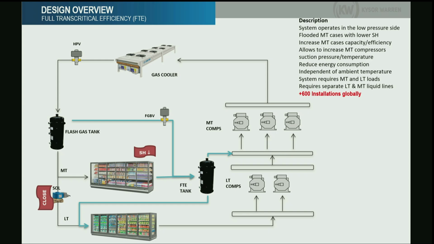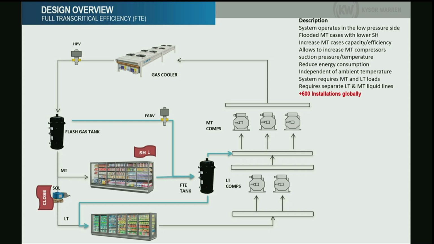But probably you notice that we have this solenoid on the liquid line feeding the low temperature cases. What happens here is once we drop the superheat, we won't be able to fully evaporate all the refrigerant that we are passing through those cases. So at the end, we will have liquid, or a small amount of liquid, coming out of the medium temperature cases, and that is why we have this FTE tank.